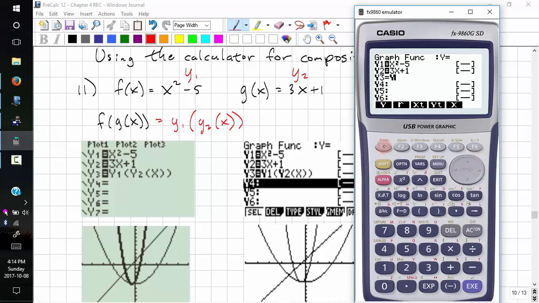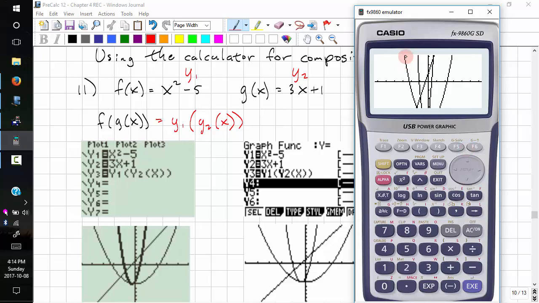So we press F1, and we want our function 1, and we have bracket, and then we want this again, F1, and this is function 2, and we have bracket, and then we have x. We can just use this x now, and bracket, bracket, and execute, and draw.